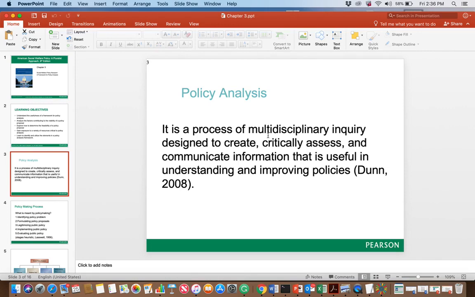And you bring them to create that policy, and also to assess, in other words, to evaluate how that policy is going to work, given the expertise. And lastly, to communicate in a very vivid way that information so that it can be understandable. So understanding how policy analysis is defined is very important.